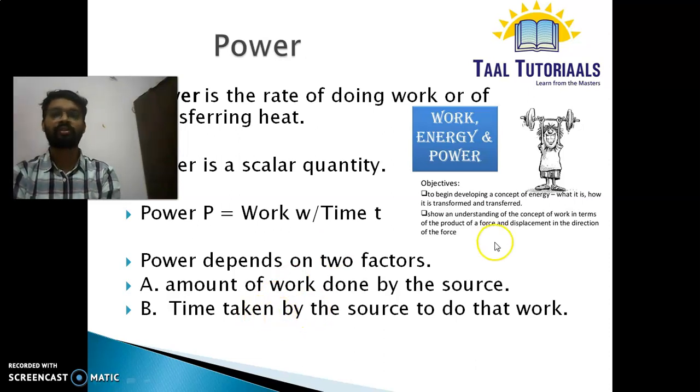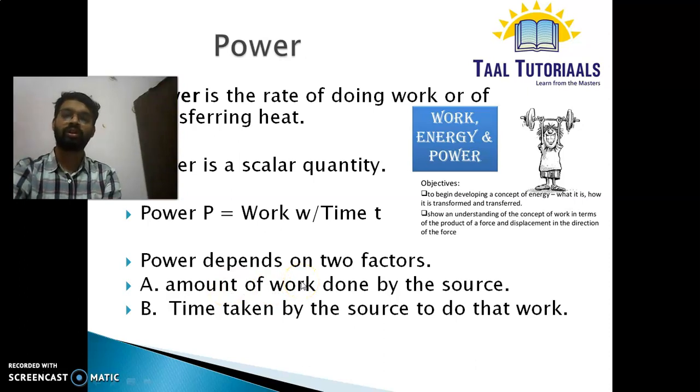So as I was defining its measurement, we can easily state that power is dependent on two factors. First factor, the amount of work done by the source. Second factor, the time taken by the source to do that work.